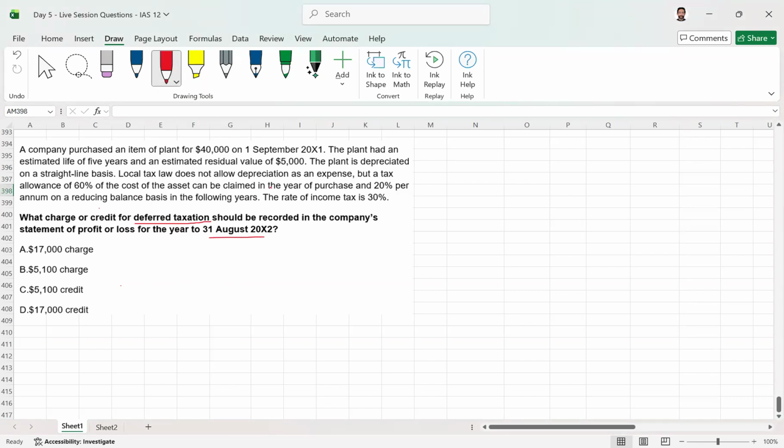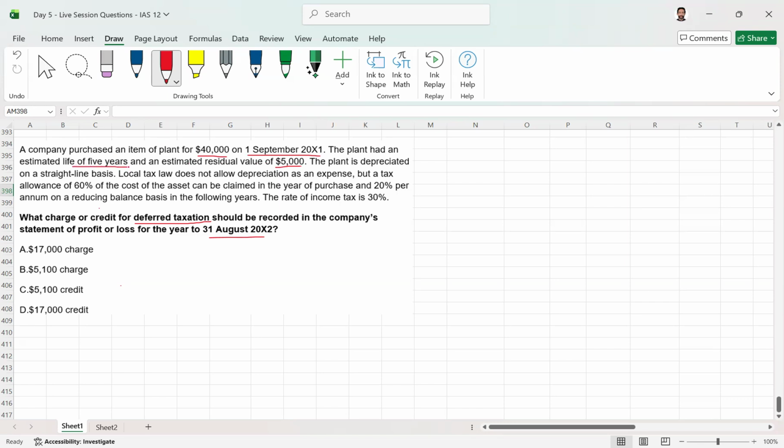Let's see how this plant will be treated by the tax authorities and according to the accounting standards. This is the value of the asset. It was bought at the start of the year, that is 1st of September. The plant had an estimated life of 5 years and an estimated residual value of 5,000. This will be used when calculating the depreciation.